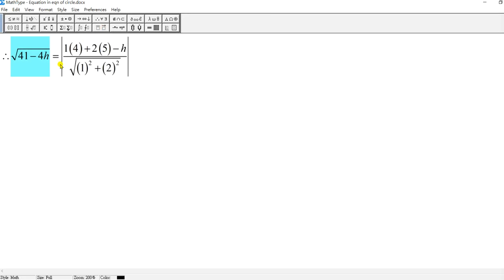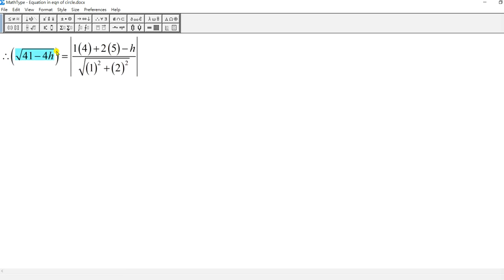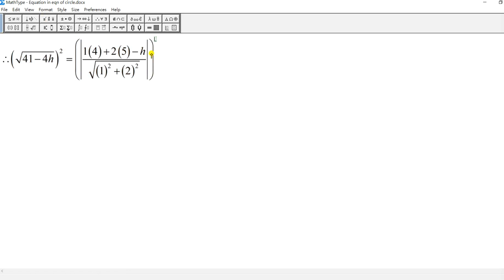The radius equals the distance between the center and this straight line, 1x plus 2y minus h equal to 0. The problem is how do we tackle this absolute value sign? One of the usual methods is to take the square on both sides, because when you take the square of this absolute value sign, the effect of the absolute value sign will be diminished. Why?